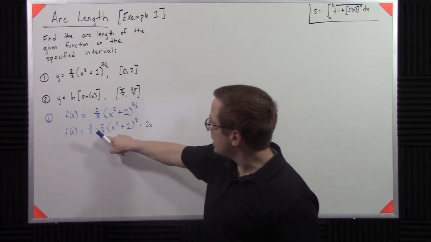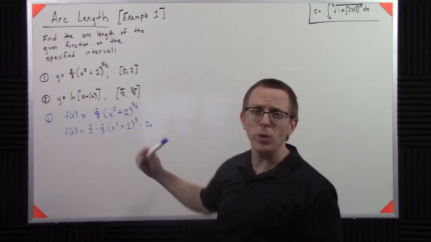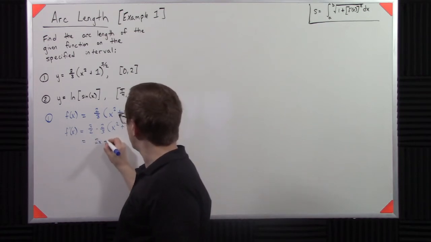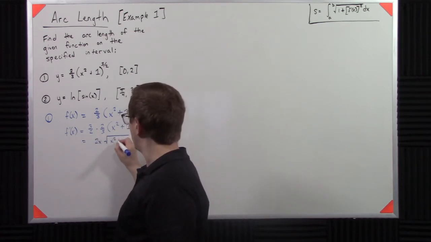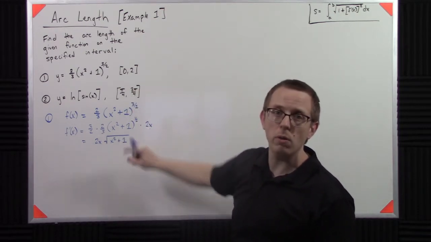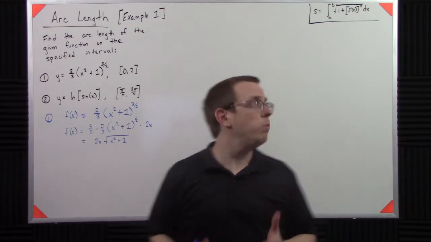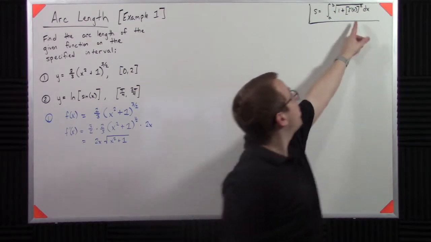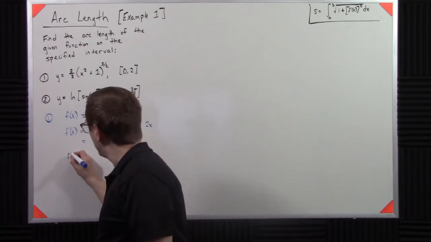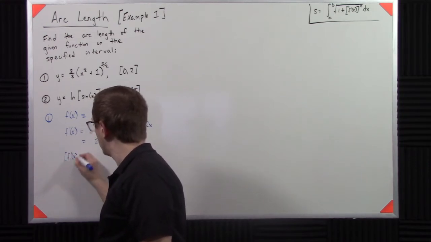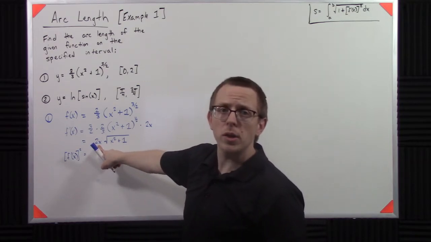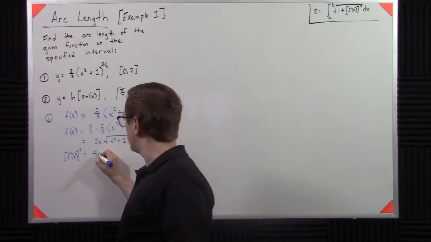Now we're going to see that cancel. So I'm going to rewrite this as 2x times the square root of x squared plus 1. Again, the 1/2 power you can rewrite as a square root. So we have f prime of x, but we don't have f prime of x squared. So let's square that. When we square 2x, we get 4x squared.